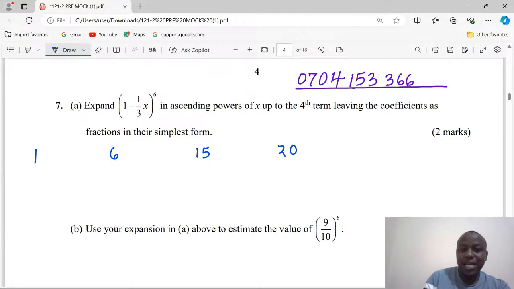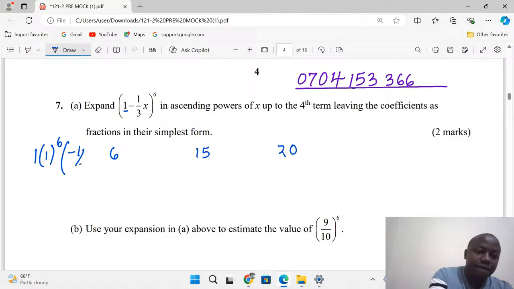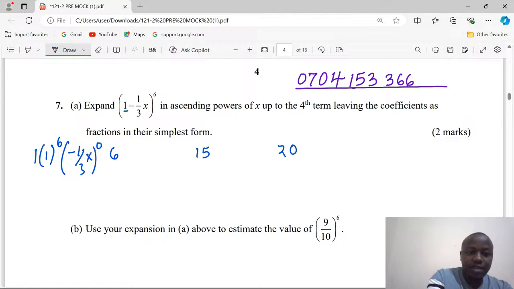Now, when I start expanding this, I should start with the first term, which is 1 raised to the total power, which is power 6. Then negative a third x should be raised to power 0. In the next term, I will start with 1 raised to power 5. So the powers of 1 will be decreasing, while the powers of negative a third x are going to ascend.